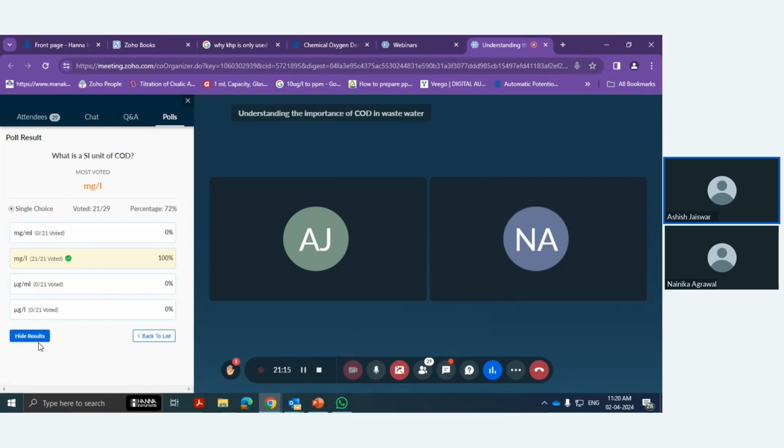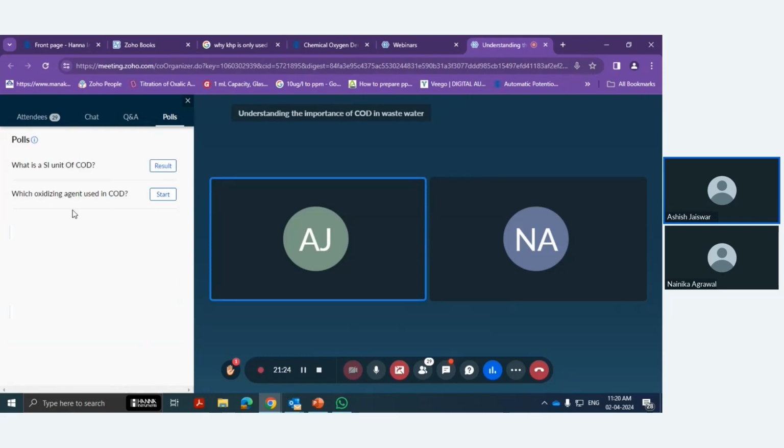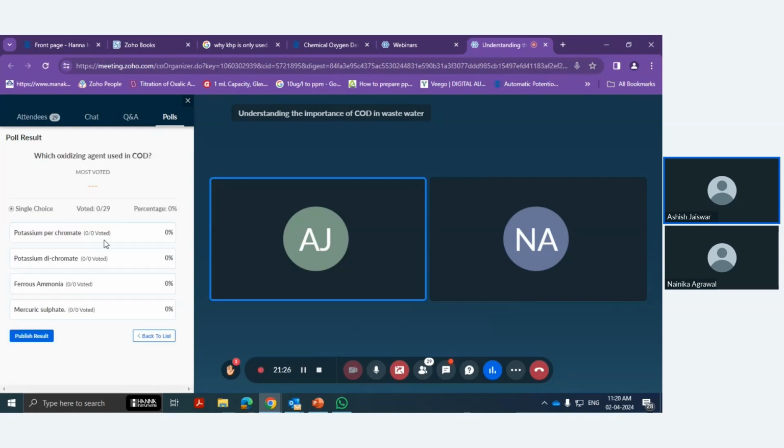For the first poll, the answer is milligram per liter. For the second question, which oxidizing agent is used in COD?